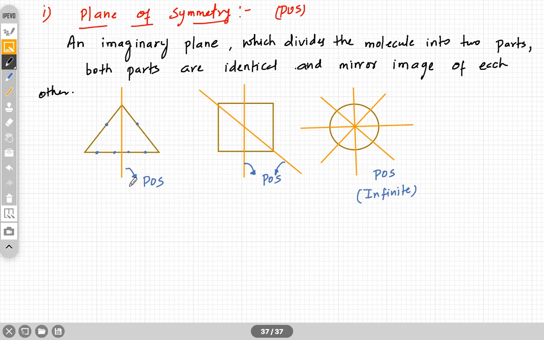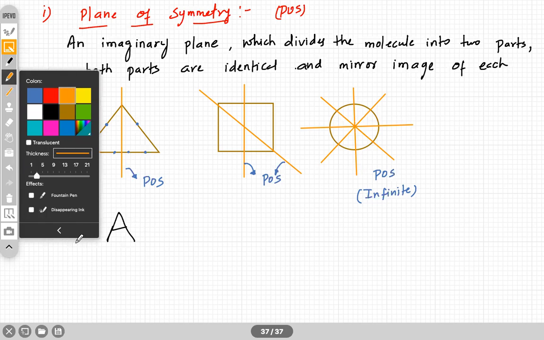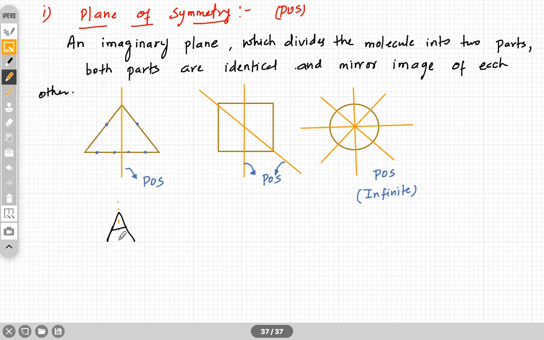And how do we identify the plane of symmetry in a given molecule? Let us discuss some letters and their planes of symmetry. So for example, suppose I take the letter A. In this letter A, we have a plane of symmetry along this line. Letter B, we have a plane of symmetry along this line.